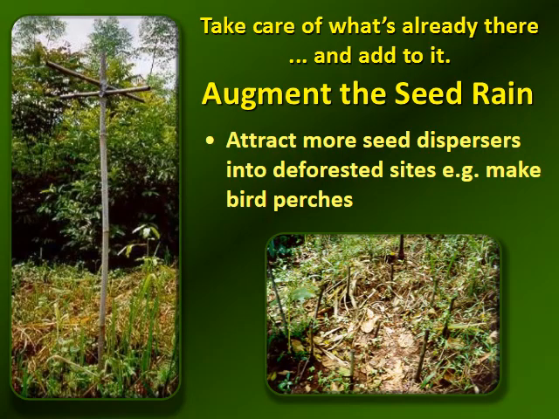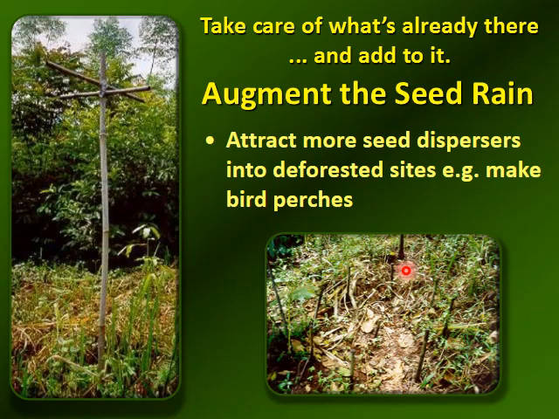Another thing you can do is to encourage natural seed dispersal. This is a bird perch, and our colleagues from King Mongkut's University did this experiment where they put simple bamboo bird perches throughout a deforested area, and then this is the control, which is an area which has been cleared and marked out with stakes, but there is no bird perch in this area.